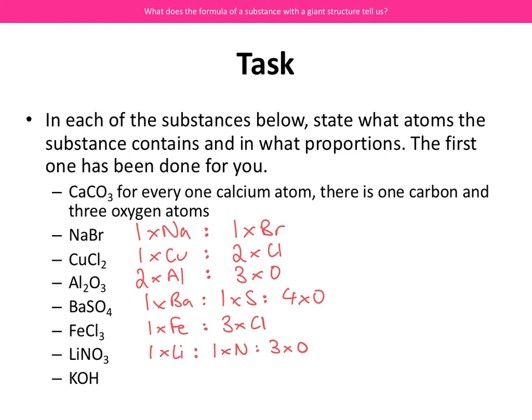And then finally, we've got KOH, which is potassium hydroxide. No number after the potassium, so 1 potassium, no number after the oxygen, and no number after the hydrogen. And those are our proportions, our ratios of each of the elements in those substances.